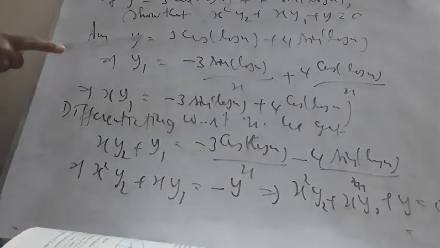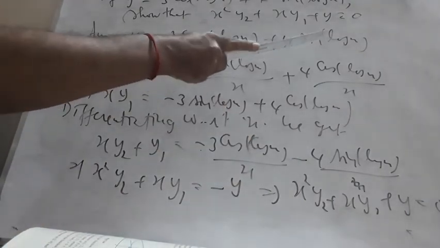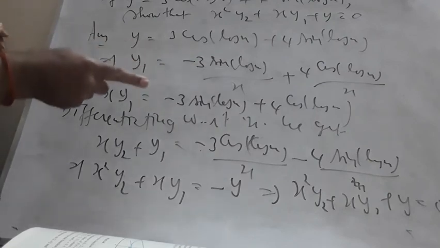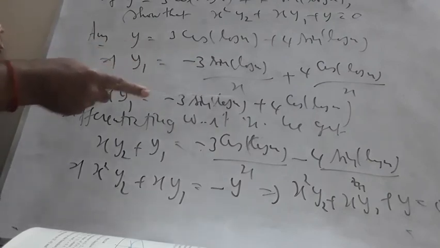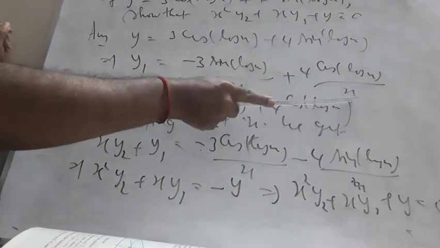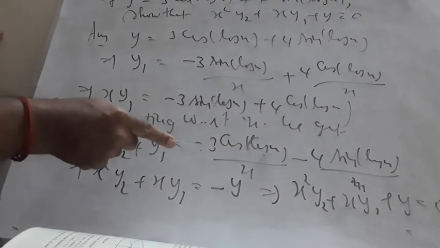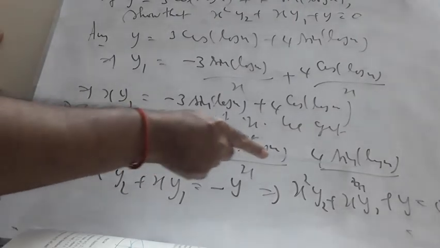Let me repeat. y is 3 cos log x plus 4 sin log x. y1 becomes minus 3 sin log x divided by x by the chain rule of differentiation, plus 4 cos log x divided by x. The derivative of log x is 1 by x in both the cases. Cross multiply x: x y1 is equal to minus 3 sin log x plus 4 cos log x. Differentiating with respect to x again, we get x into y2 plus y1 into 1, equal to minus 3 cos log x by x minus 4 sin log x by x.